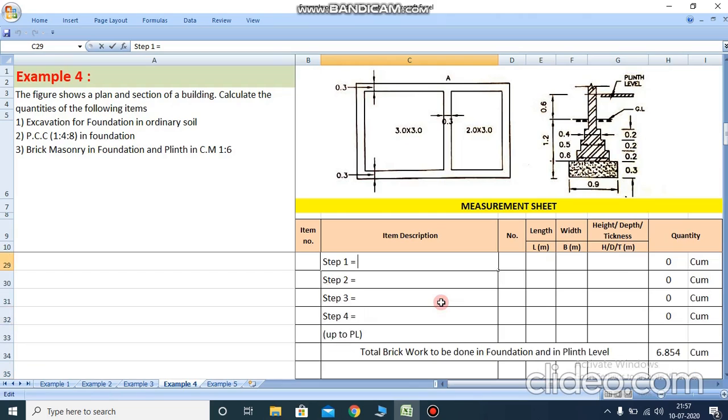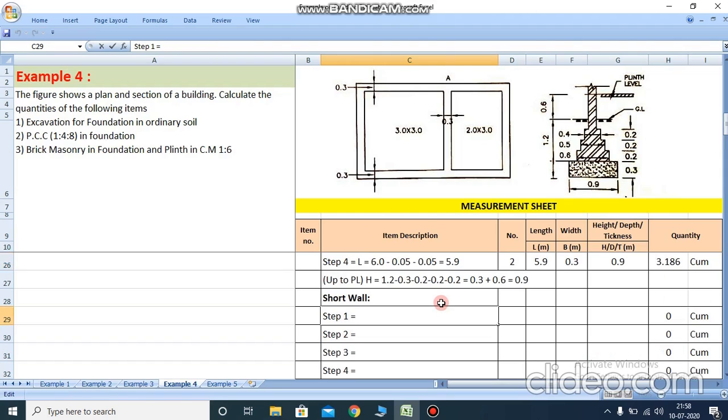So here 2.4 meter. In the short wall calculation, first we have the 2.4 meter length for the 0.9 meter width PCC work, and for the first brickwork step, the width is 0.6 meter.